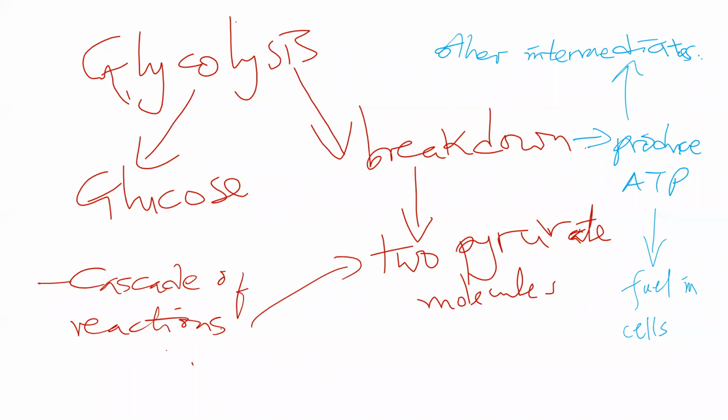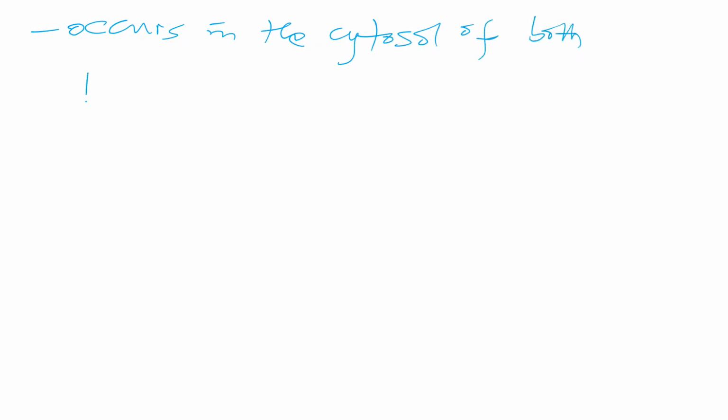Another aspect that we want to make mention of about glycolysis is that the whole process occurs in the cytosol of both prokaryotic and eukaryotic cells.